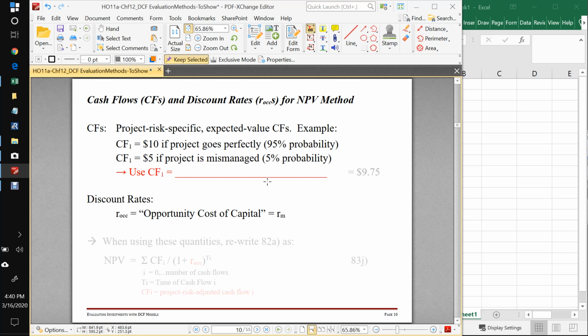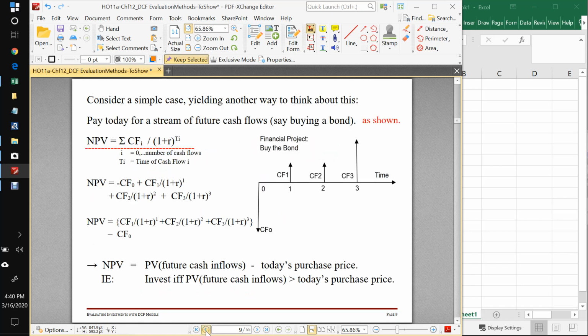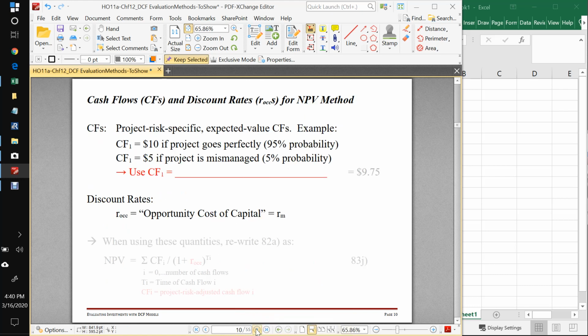Okay, so we've got our NPV method, and we have this great equation that we're going to use to compute the NPV of a project. But we need to think a little bit about what cash flows exactly should we be putting in here, and what discount rate should we be putting in here in light of our discussion about risk in the last two chapters.